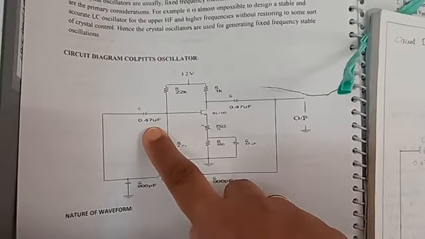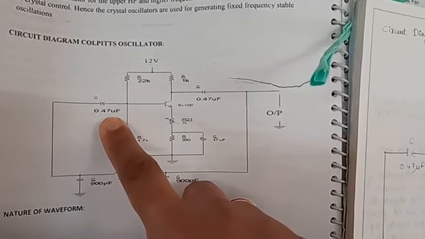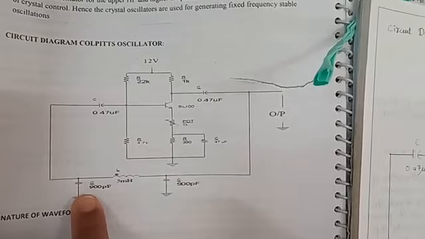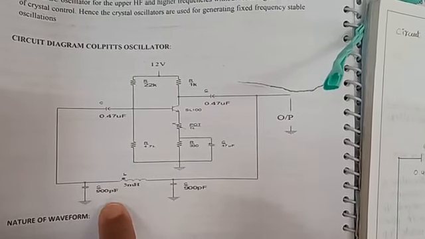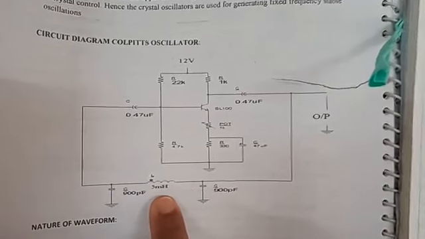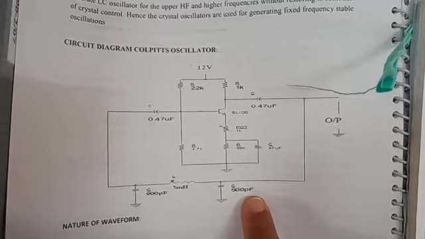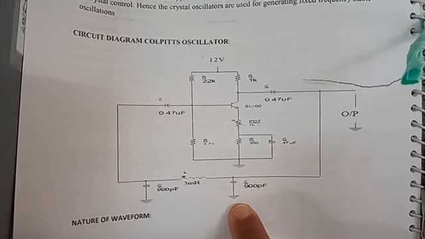From the base we take a 0.47 microfarad discrete capacitor, connected to the 900 picofarad decade capacitance box, in series with the 5 millihenry inductance, then again in series with the 900 picofarad decade box.